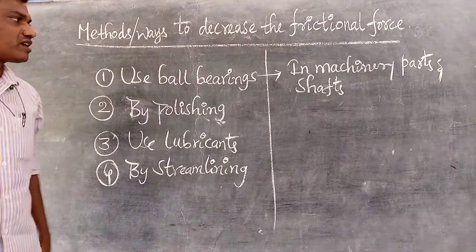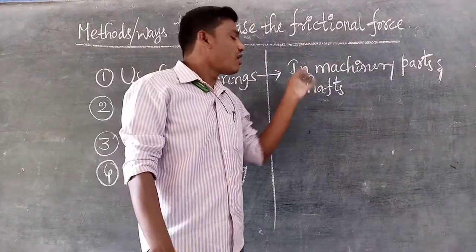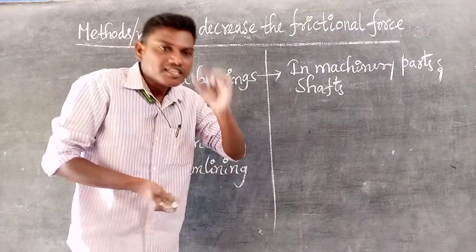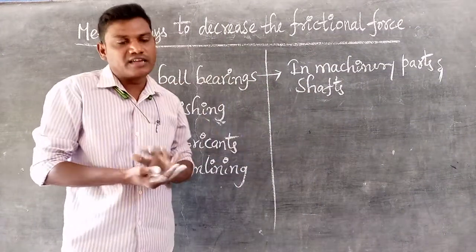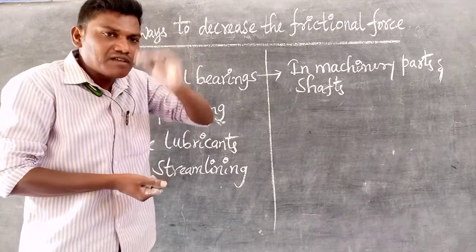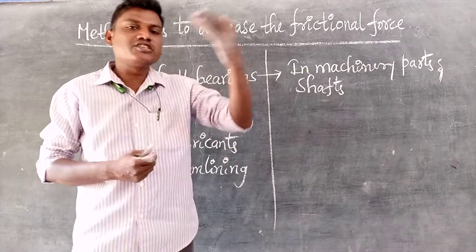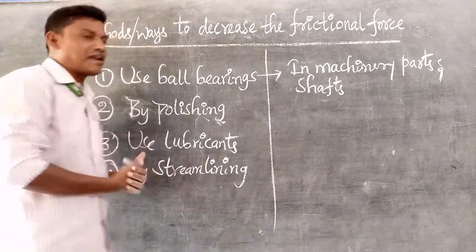That is one of the methods. How can we write it? In between machinery parts and shafts, we are using spherical metallic balls. These will convert sliding friction into rolling friction. And we know that rolling friction is always lesser than sliding friction.